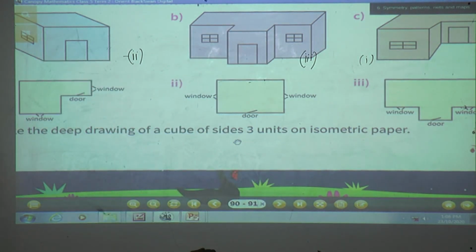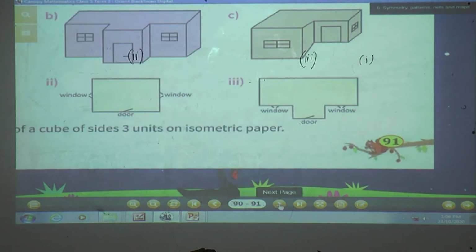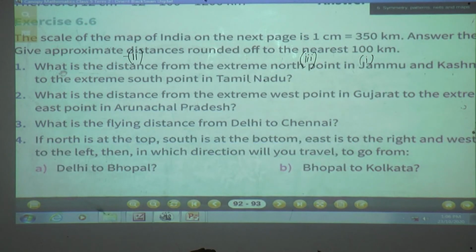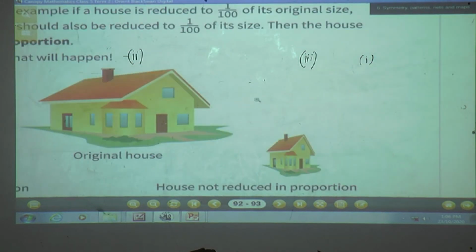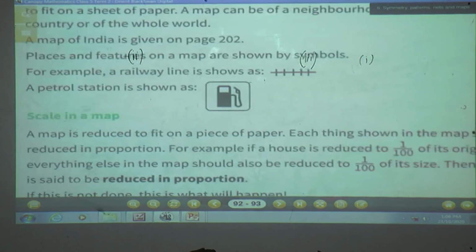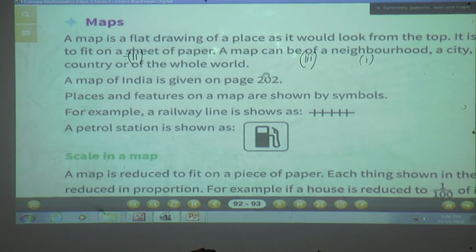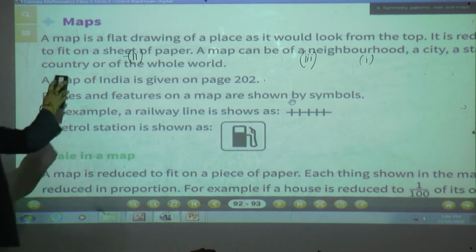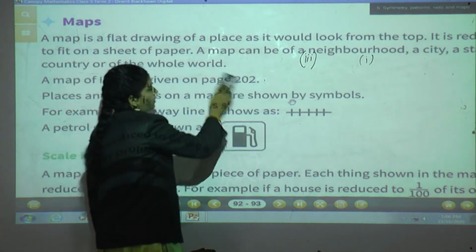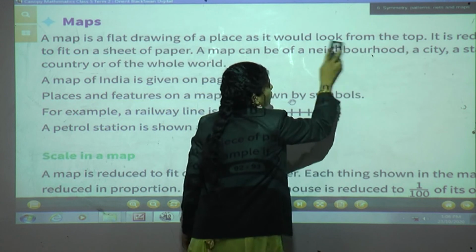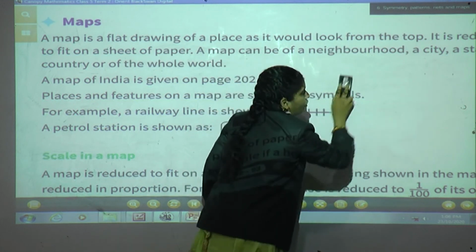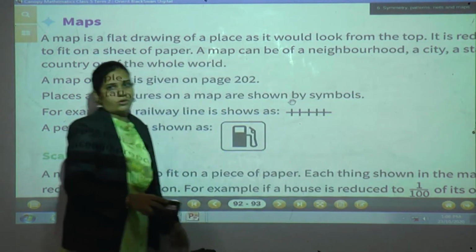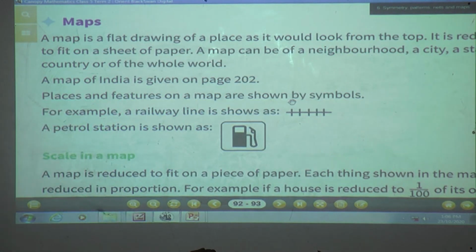Now students, open page number 92. See here, maps. Students, what is meant by a map? Maybe you have learned the meaning of a map in geography also, so I will explain it again.